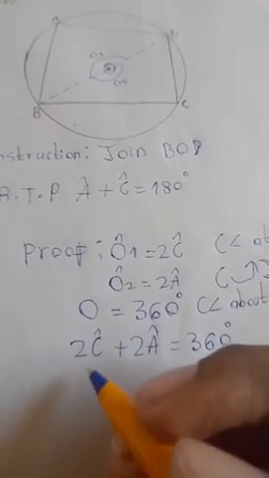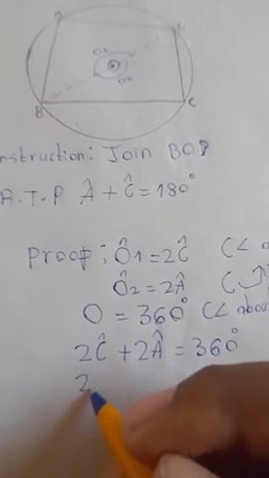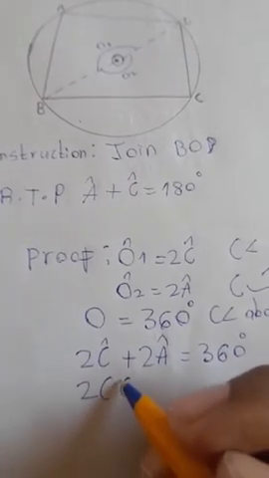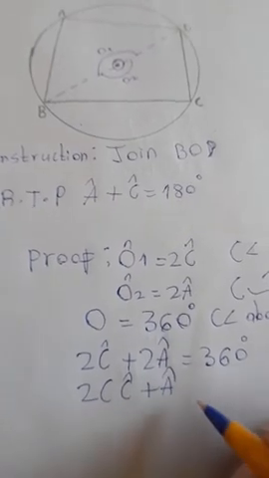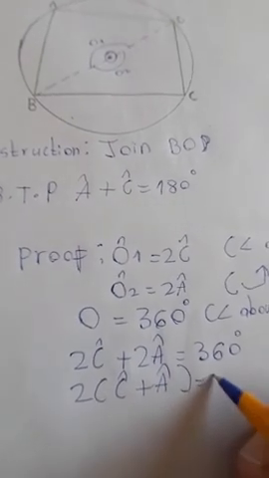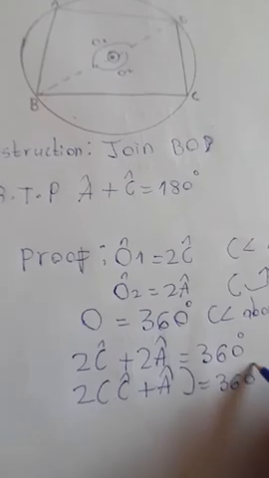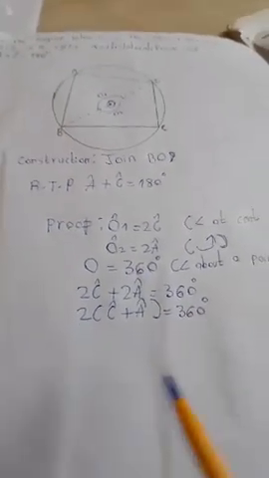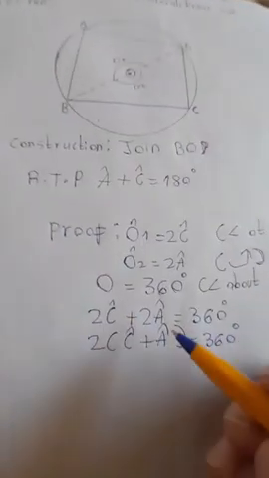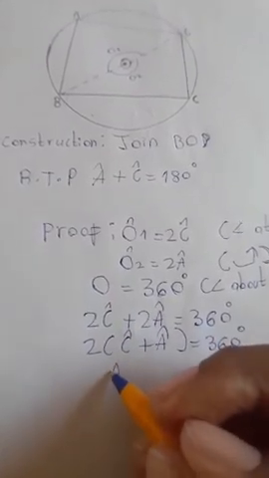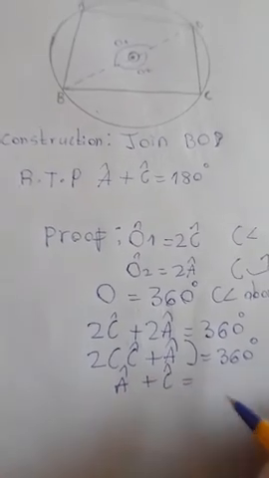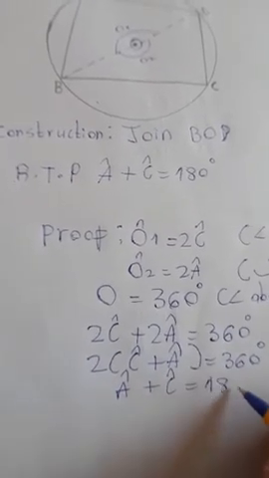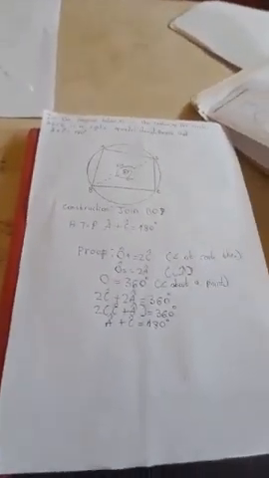We can factor out the 2 here. It becomes 2 times (angle C plus angle A) equals 360 degrees. If we divide both sides by 2, you will get that angle A plus angle C is equal to 180 degrees. And yeah, we proved this theorem.